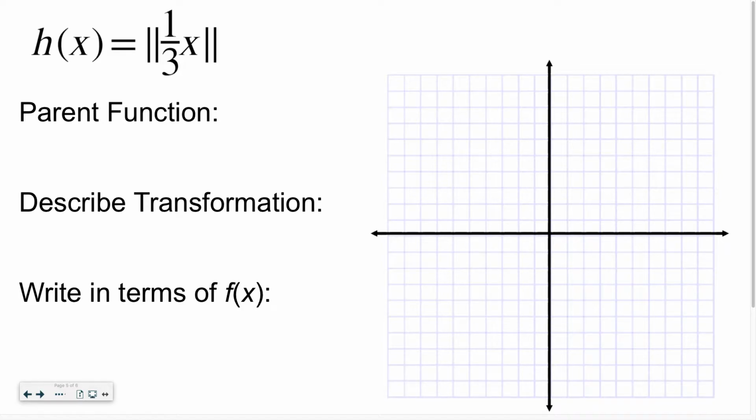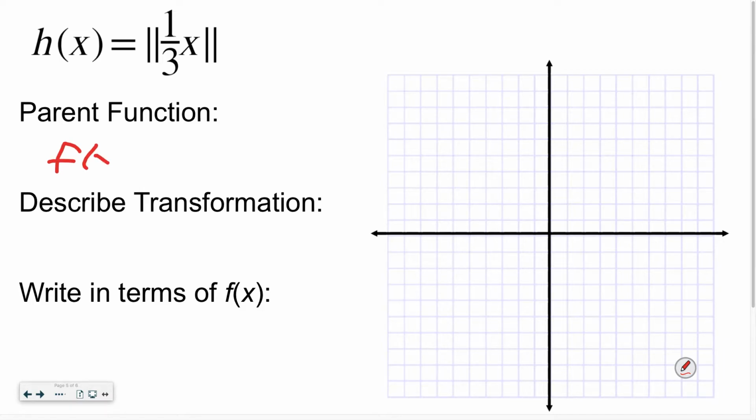All right, turn to your neighbor and tell them what the parent function is and what the transformation is. Because if it was just a 3x, then it would be a horizontal shrink.